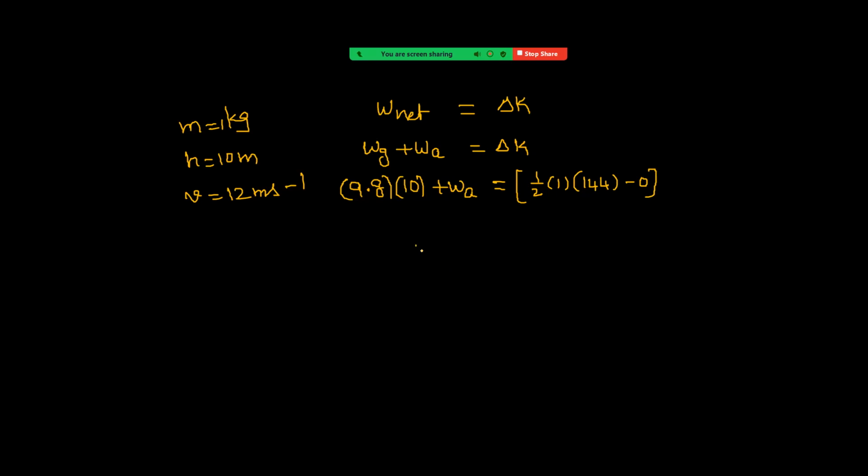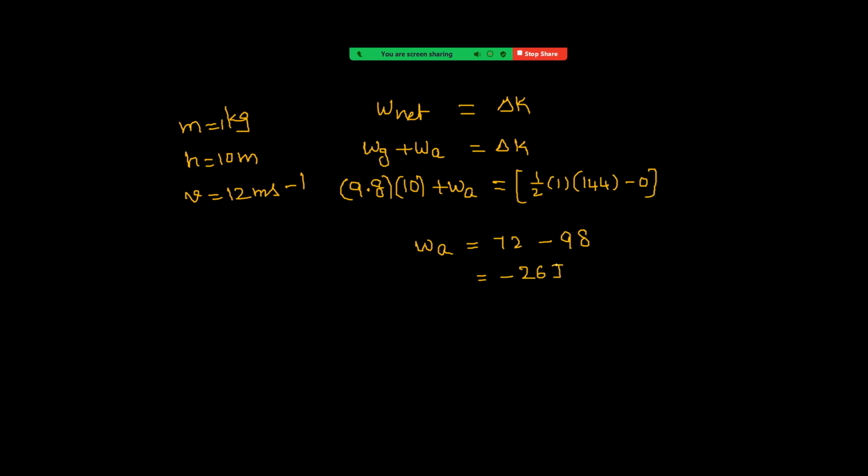Therefore, the work done by air resistance is equal to, how much is this? 72 minus 98. This is the work done by air resistance. How much is it? This is 20 and this is 26, so it is minus 26 joule.